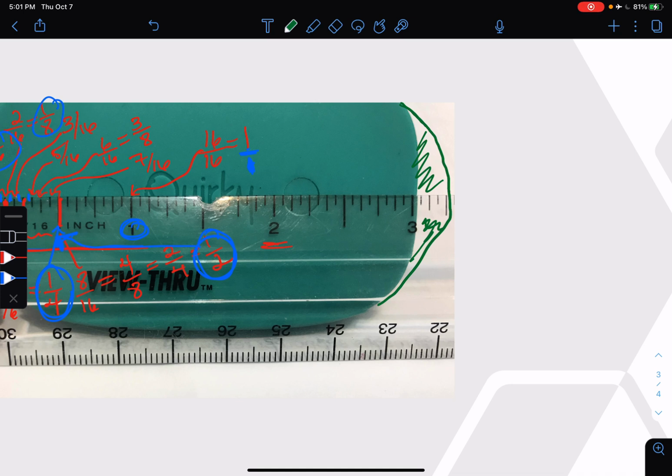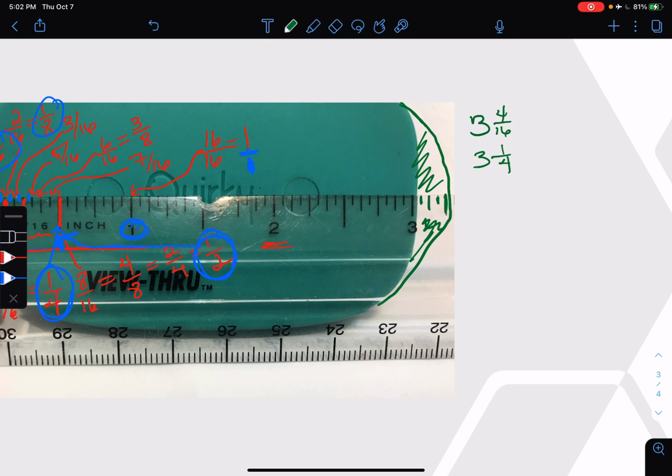So if our object was out there, what we would say is, okay, we've got 3 for sure, and it's not 2 and it's not 4, so that's certain. And then we have 3 and 1/16, 3 and 2/16, 3/16, 4/16. So we'd have 3 and 4/16, or 3 and 1/4.